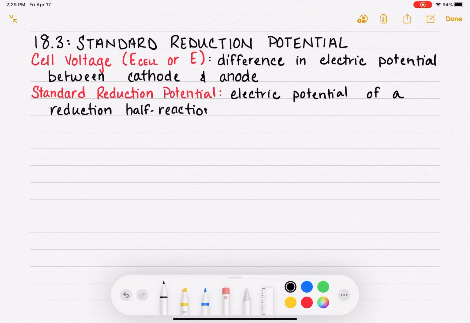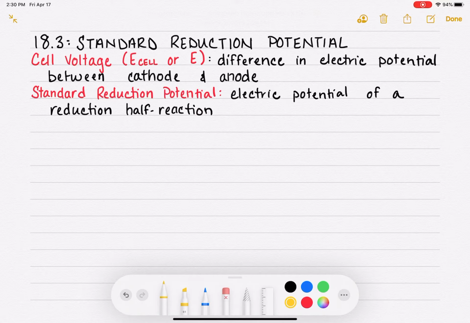All of our half reactions are tabulated or measured in terms of being a reduction reaction. So even though we always have one reduction and one oxidation, just for the sake of simplicity, we only tabulate our data in terms of reductions. And I'll show you how that will end up working.